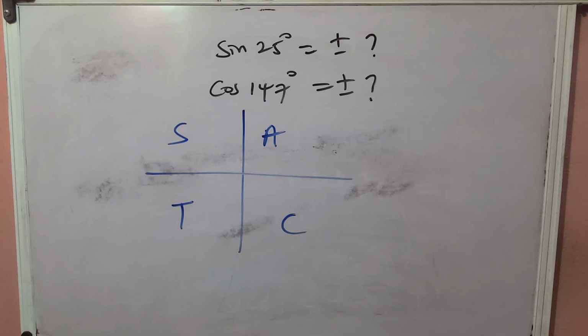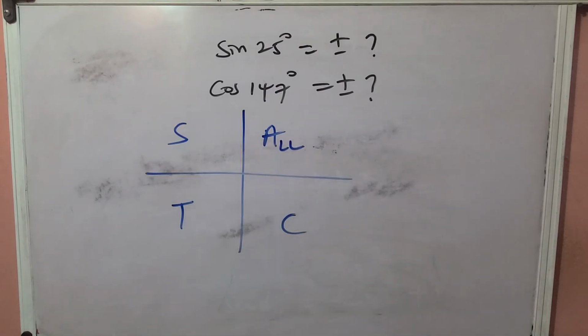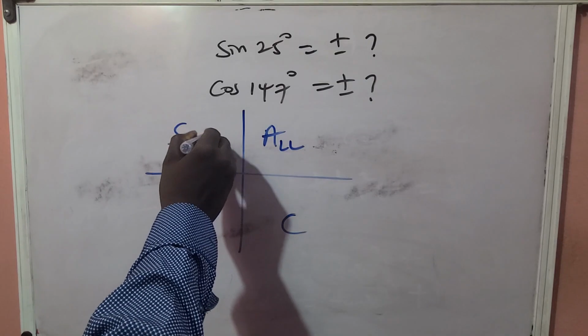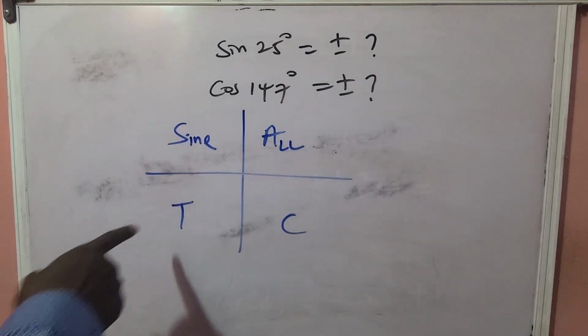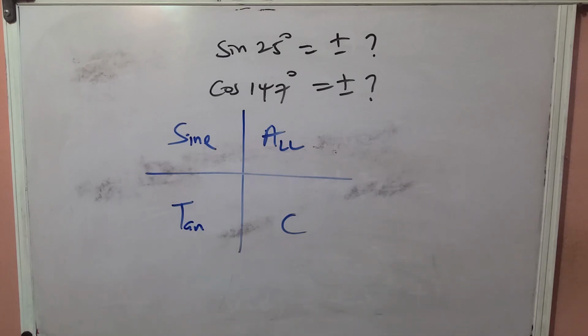Now I want you to understand each of these letters and what they actually mean. When we have A here, we're talking about all. When we have S here, we're talking about sine. When we have T here, we're talking about the tangent of an angle. And when we have C here, we're talking about the cosine, the cos of an angle. All right, what does this all mean and how does this apply to what we're dealing with right here?